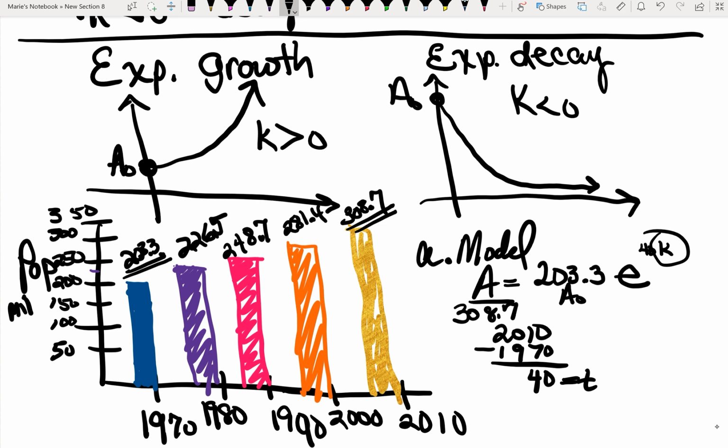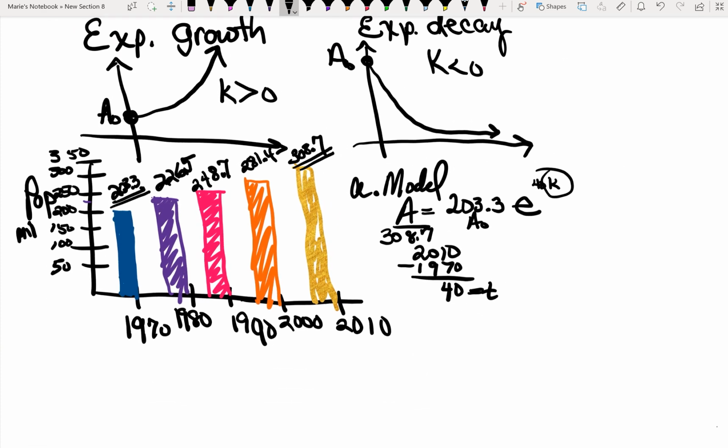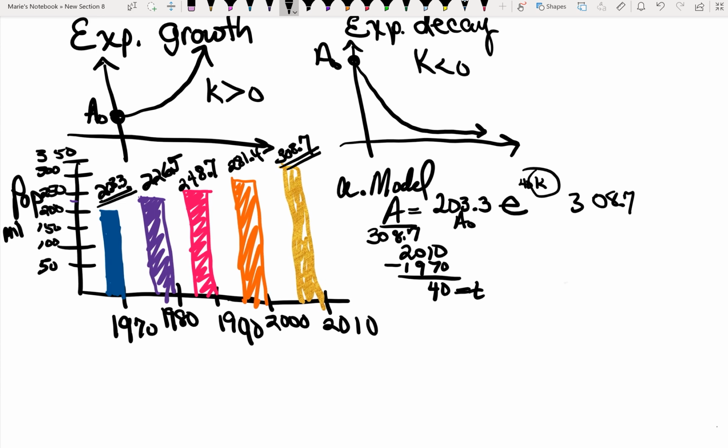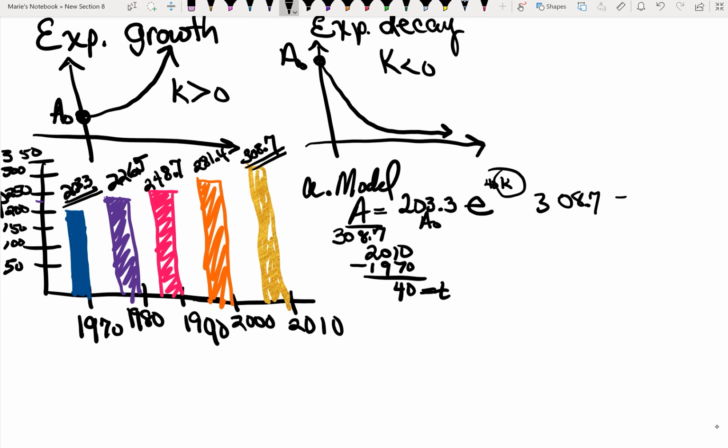And so in doing that, we will use 308.7 is equal to 203.3 e to the 40k. Because these are things we do know.